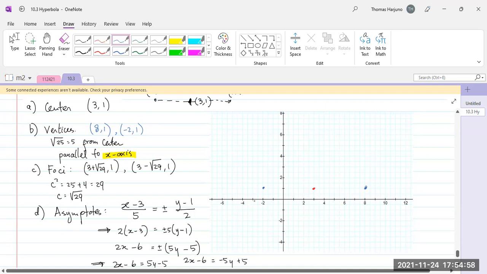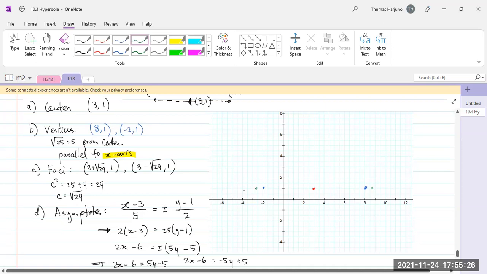Okay, and the foci are 3 plus radical 29, 1. It's 8.3 something. So the foci are here, approximately.